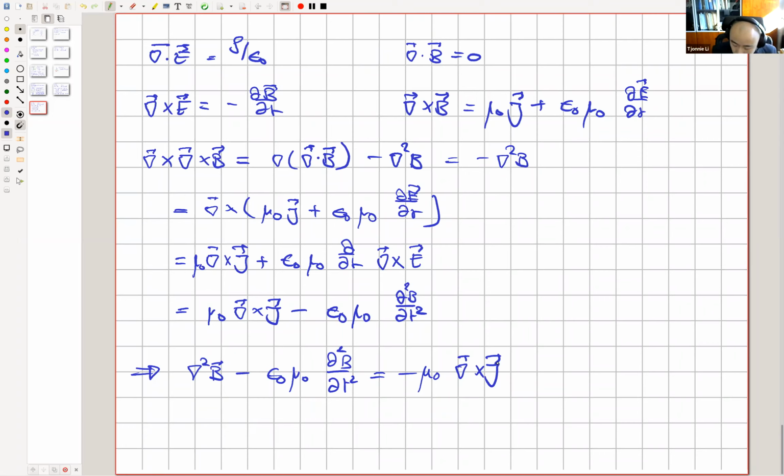So indeed, we show that the electric field and the magnetic field both satisfy the wave equation. This is a major step.